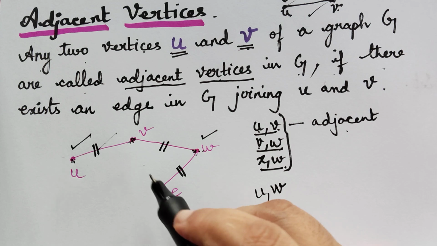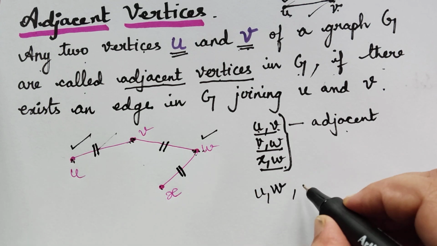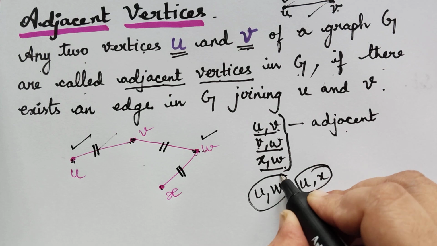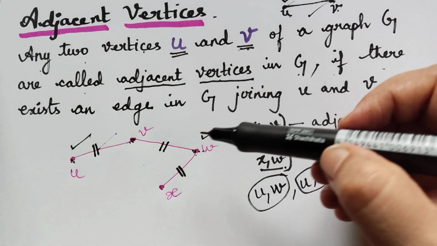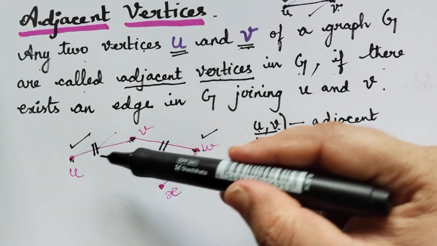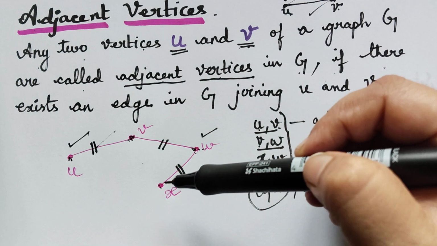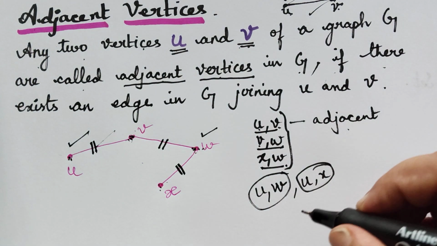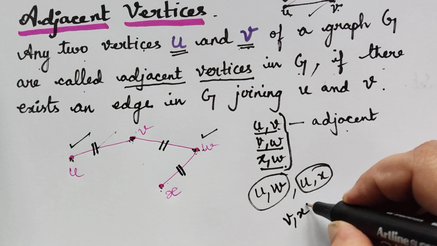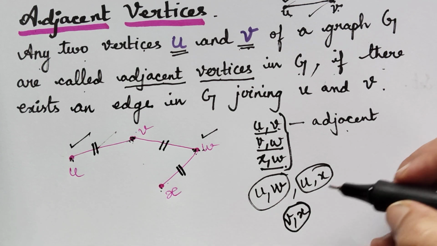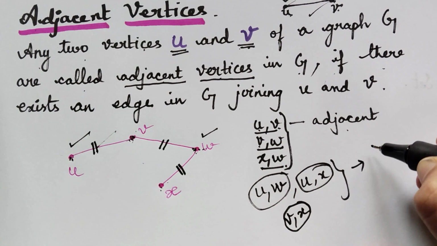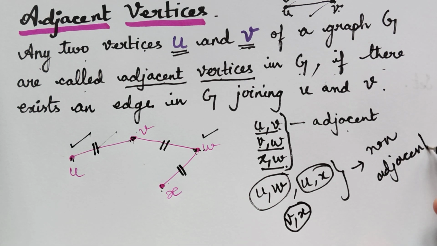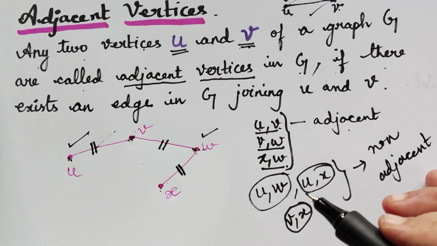In a similar way, we can also say u and x are non-adjacent to one another. So u and x, u and w. Similarly, v and x are non-adjacent to one another. So these pairs are non-adjacent to one another. So this is the concept of adjacent vertices.